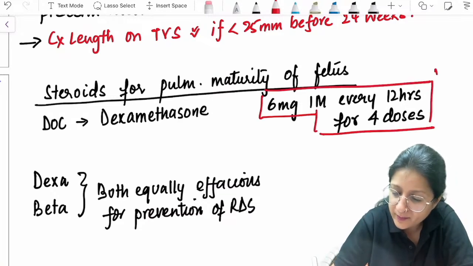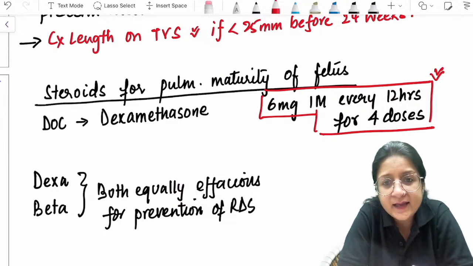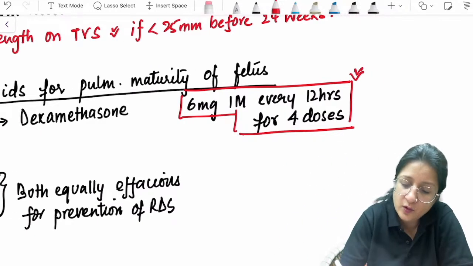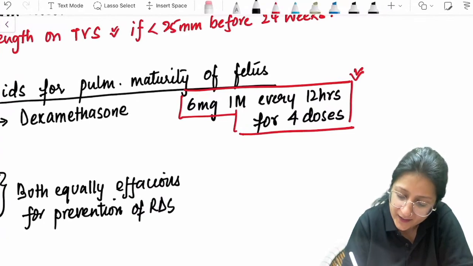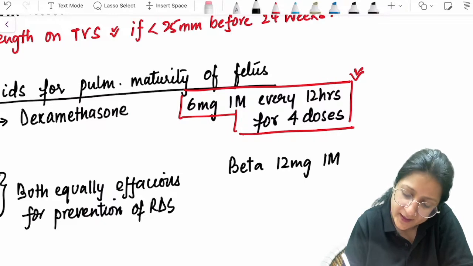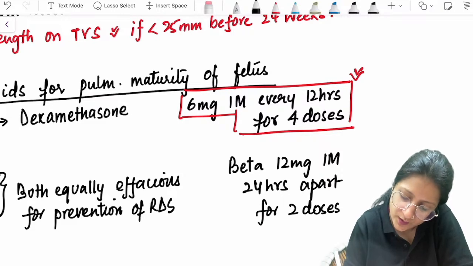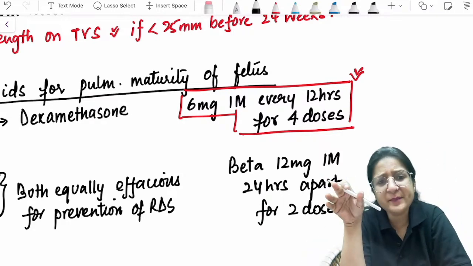You have to remember this dose. They have asked you questions on that. And the dose for betamethasone is 12 milligram IM 24 hours apart for 2 doses. Okay, so remember this.